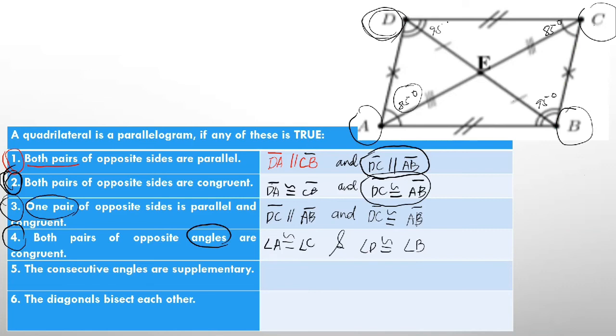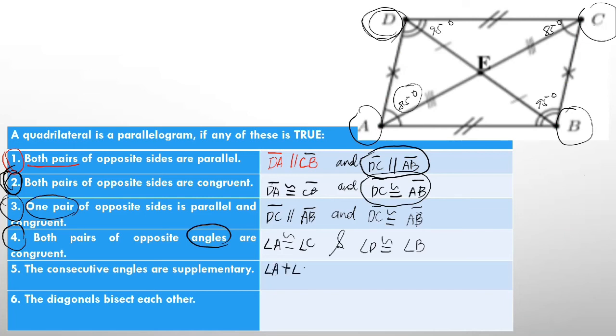Now, let's prove the fifth property of our parallelogram, which is the consecutive angles are supplementary. So, kailangan natin mag-add ng dalawang magkasunod na angle para ma-identify natin if they are supplementary angles. Okay? Let's try the angle A and angle D. Dapat 180 degrees siya.